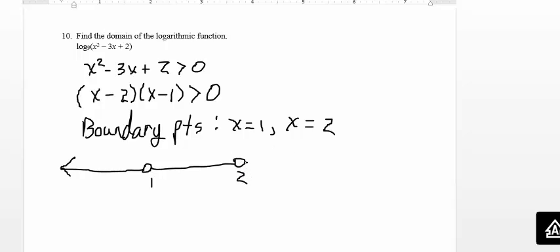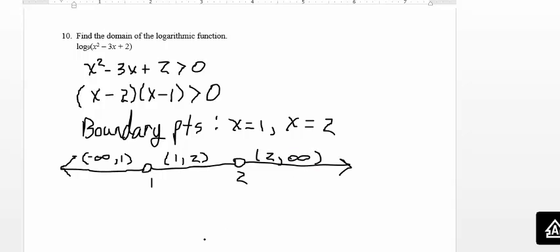In this particular case, x minus 2 times x minus 1 needs to be greater than 0. So that means x cannot equal 1, x cannot equal 2. So we want to find out what happens to all the numbers smaller than 1, all the numbers between 1 and 2, and all the numbers bigger than 2.